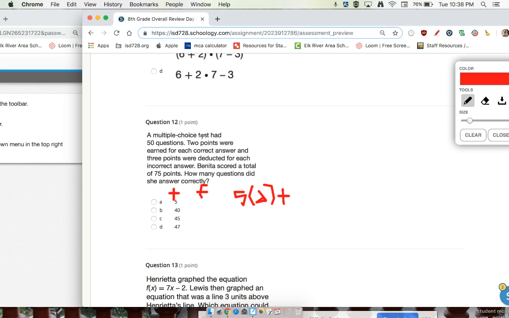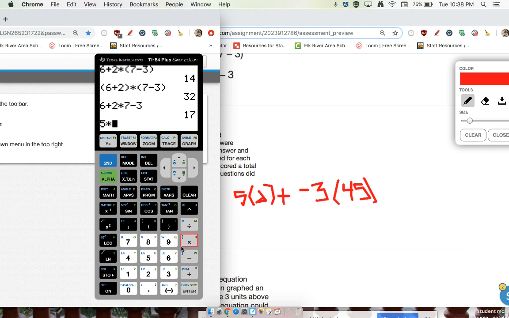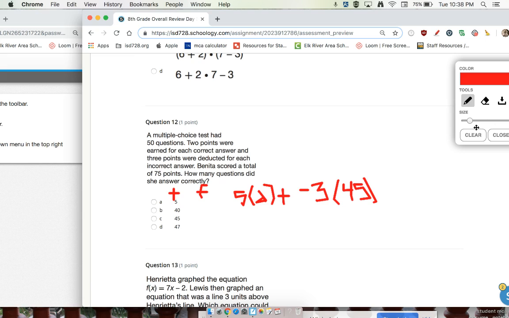Because wrong answers are negative, and it's 3 points. So a negative 3, and she got 45 wrong. And I know there's no way this can be it, but I'm just showing you how to set it up. Okay, so that would be 5 times 2, and your calculator will do the right order of ops, plus negative 3 times 45. Yeah, she was in the negative 125 points.